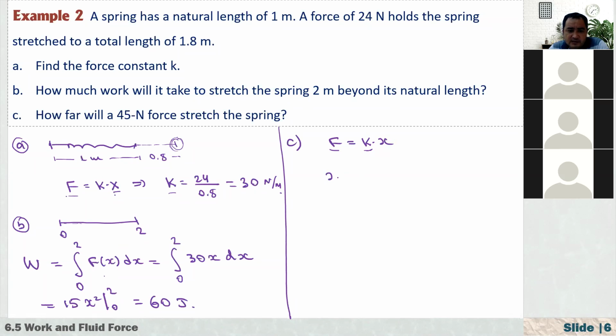And from here, what is X? X, how far, is equal to F over K. So our force is 45 newtons and K is equal to 30. That's equal to 1.5 meters. That means that if you apply a force of 45 newtons to this spring, it will be stretched 1.5 meters beyond its natural length.